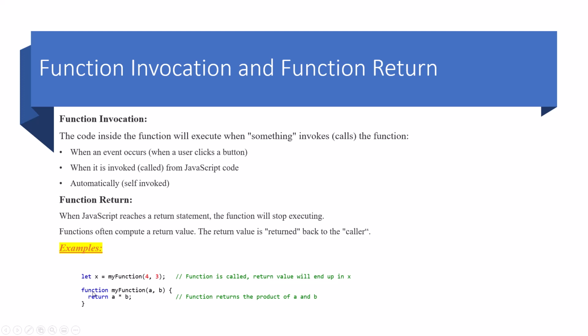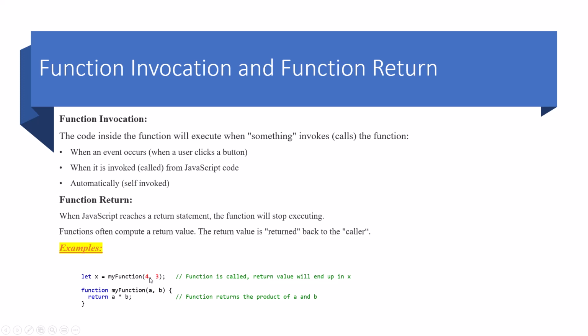This is myFunction where I have parameters a and b passed, and in this function what I am doing is multiplication of a and b. So the function returns the product of a and b, and this value is now passed to the caller. Here I have called that function with let x, this variable x storing the result of my function.